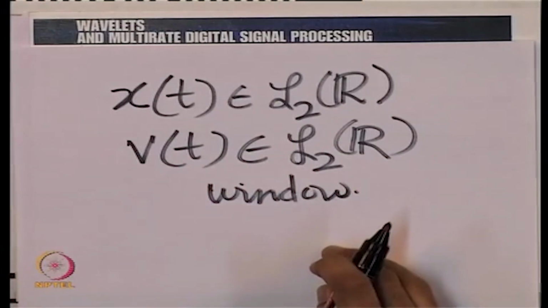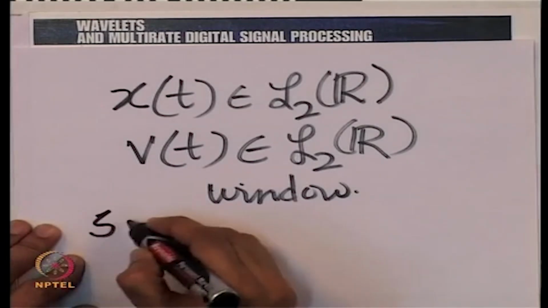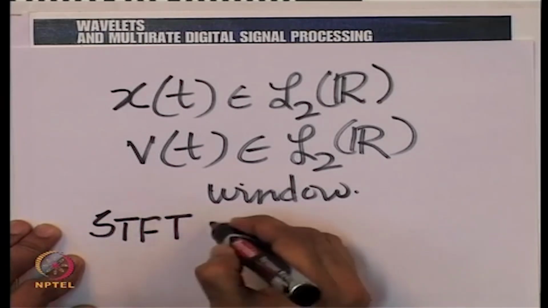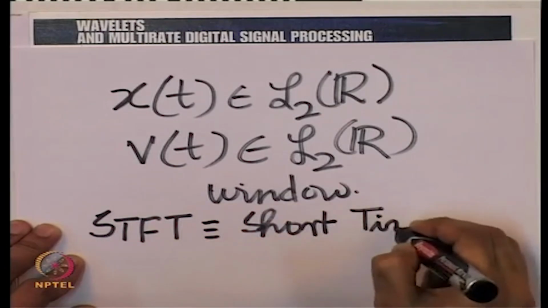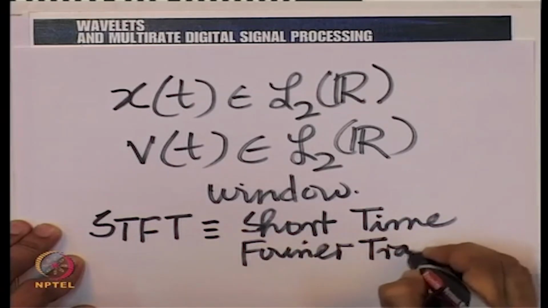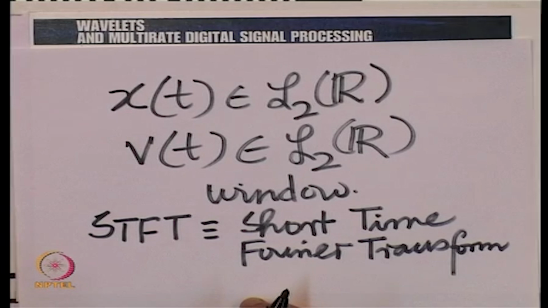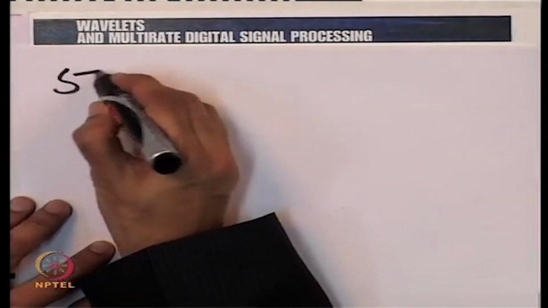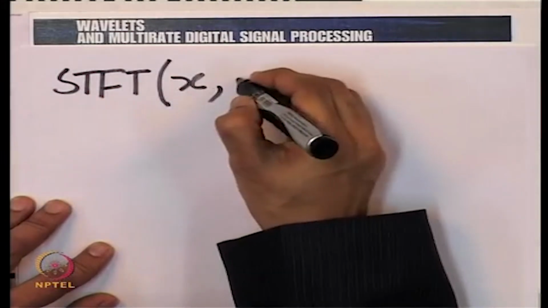The short time Fourier transform of x(t). So, the short time Fourier transform is abbreviated often by STFT. So, let us use this abbreviation from now onwards. The short time Fourier transform or STFT of x with respect to v, as we shall call it, STFT of x with respect to v.